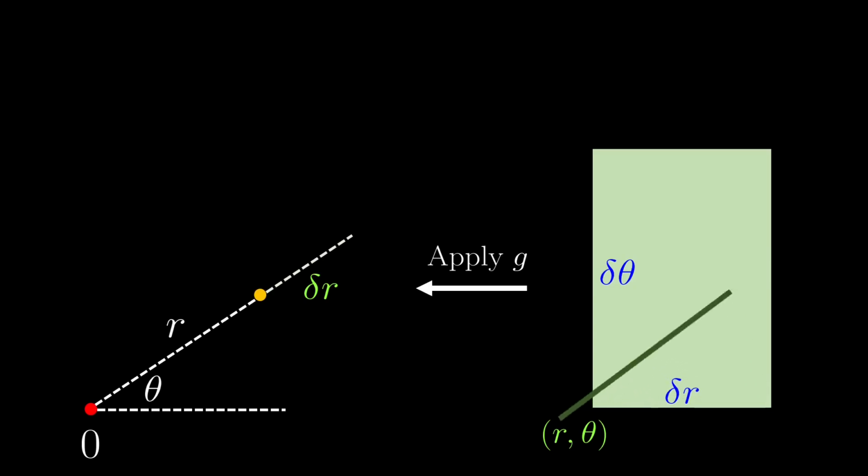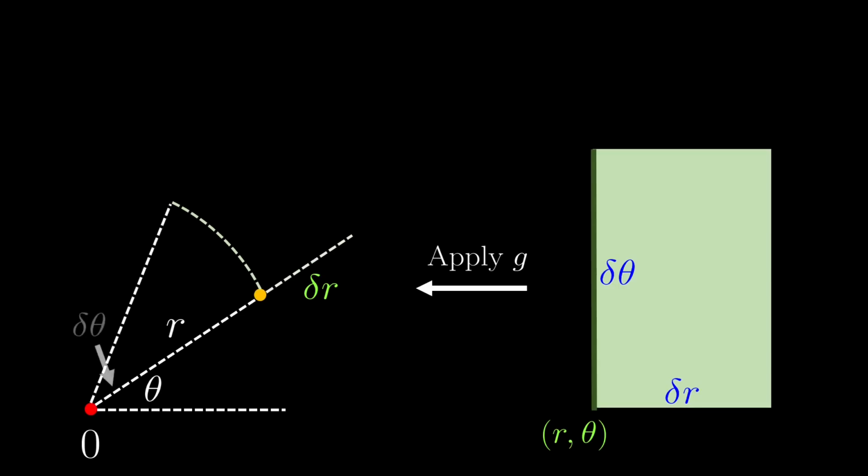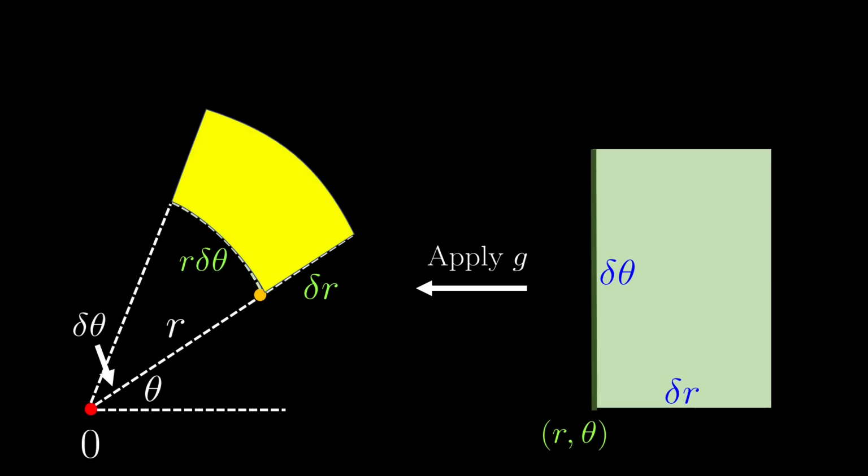What about the left edge of the rectangle? It has r stay fixed, so it should map to a circular arc. The change in angle is delta theta, so the length of this circular arc is r delta theta. So this part of an annulus is where the small rectangle gets mapped to. When delta r and delta theta are small enough, this will look more and more like a rectangle, so the area is approximately r delta theta, while originally the area was delta r delta theta.